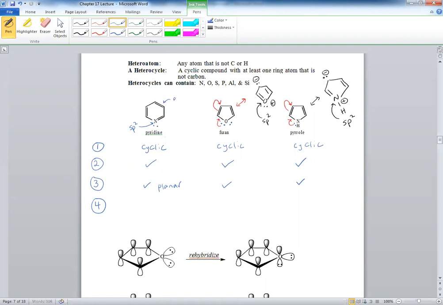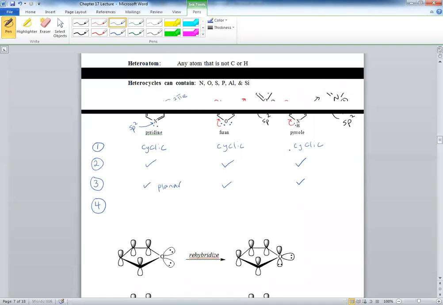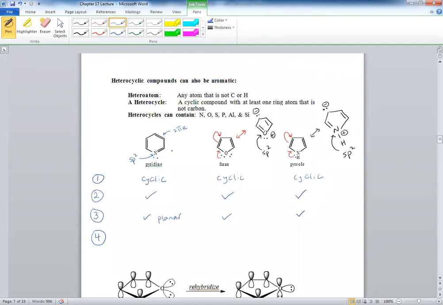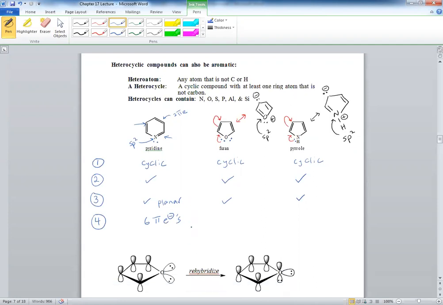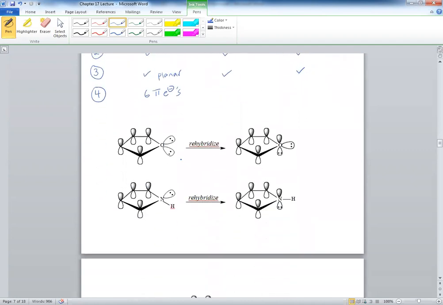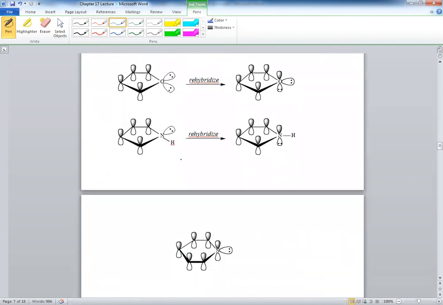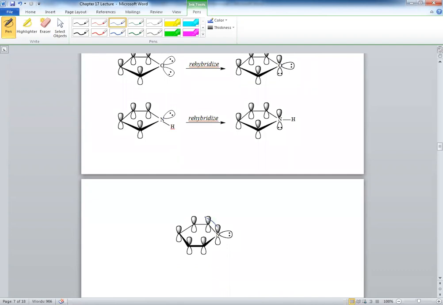So there's 2 in each, 2, 2, and then 2. So that's a total of 6 pi electrons. Now you might be saying, okay, well, what about this lone pair? Wouldn't that be part because it's an sp2? Well, let's look down here. So this would be pyridine, and this would be the overlap if it's sp2 hybridized.